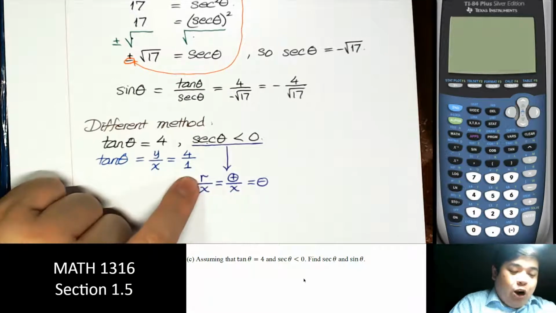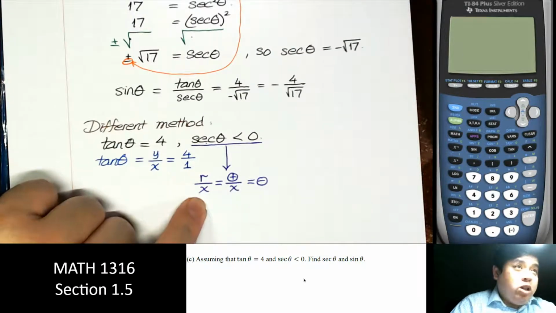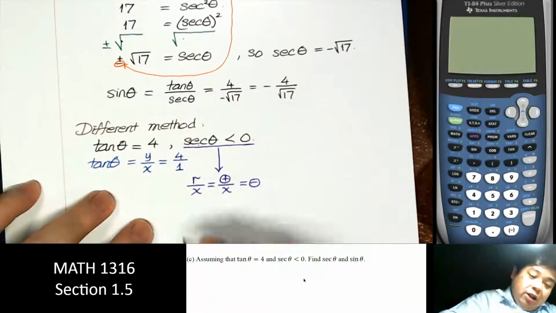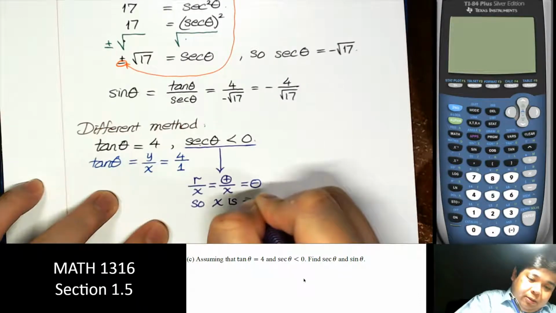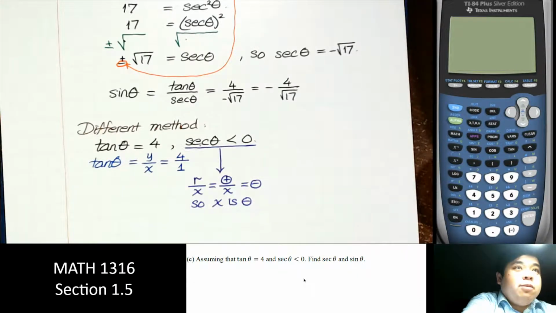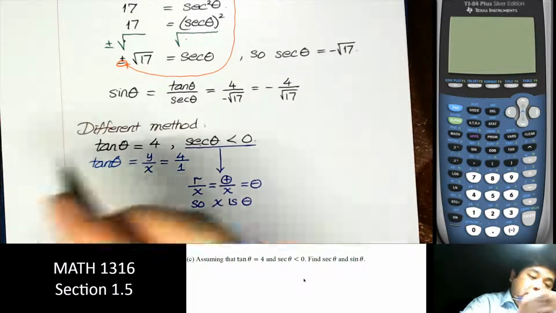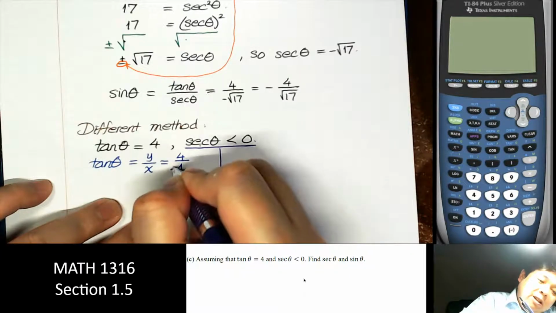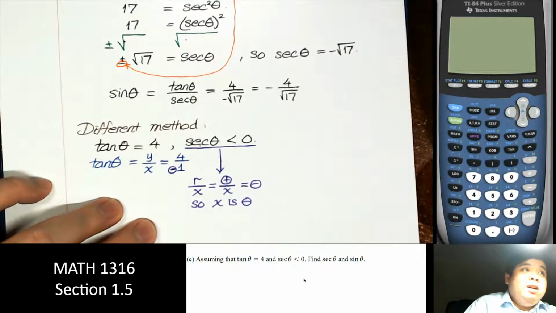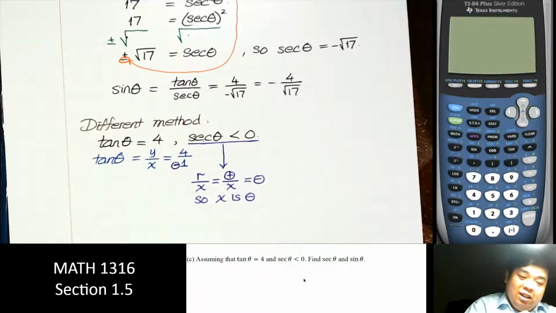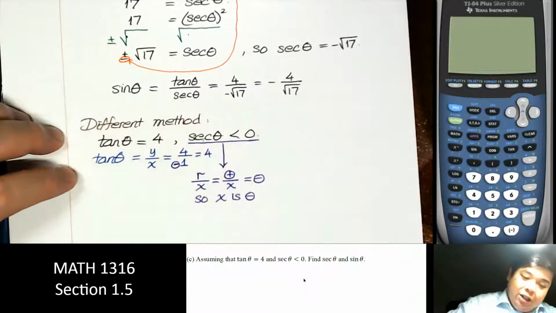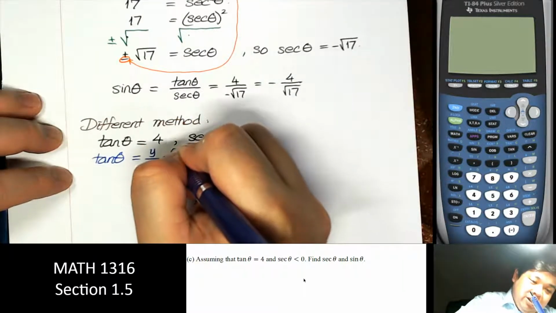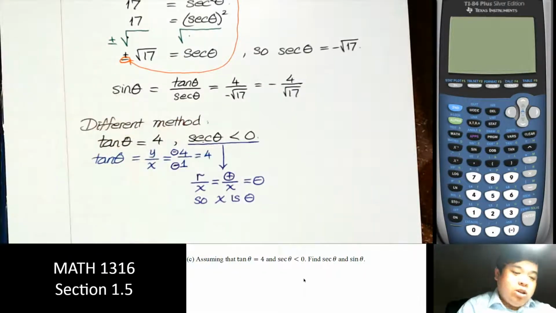X could be positive, could be negative, but the ratio is negative, so x has to be negative. If x is negative, we're going to put negative there, and when we divide them, it has to be 4, so y has to be negative as well, because negative divided by negative will be positive.